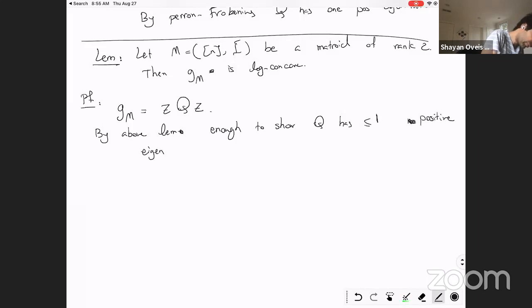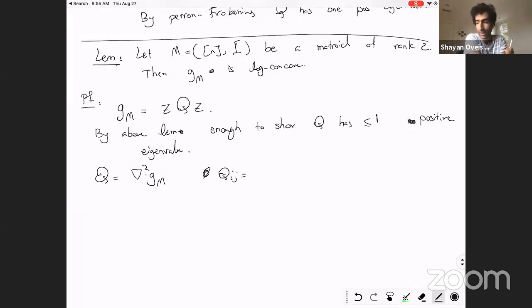How do we show that? Let's understand this Q. This Q here is nothing but the Hessian of G_M. Think about Q_ij.